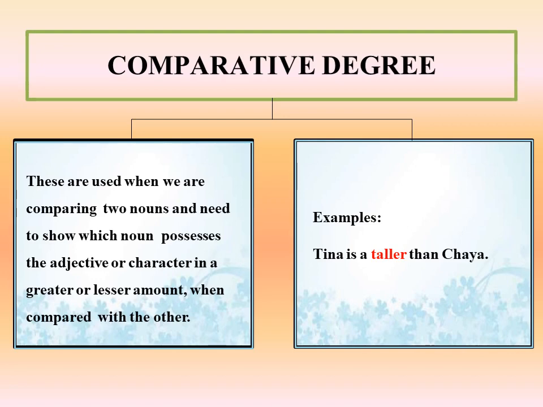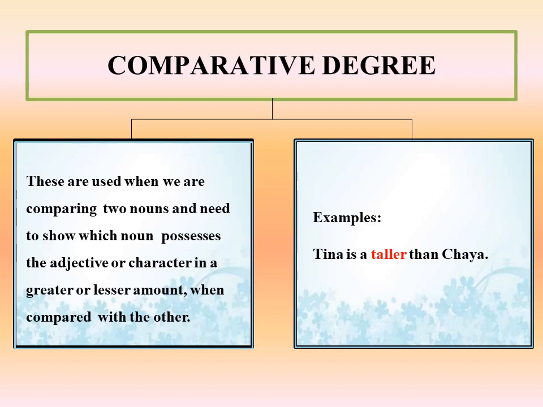Here, nouns are being compared and they also show which noun possesses the adjective or character, whether it is greater or lesser when compared with the other. So let us have an example. Here I have given an example.